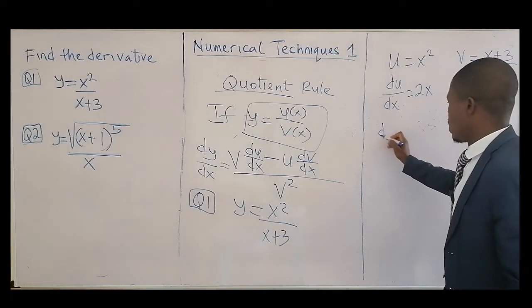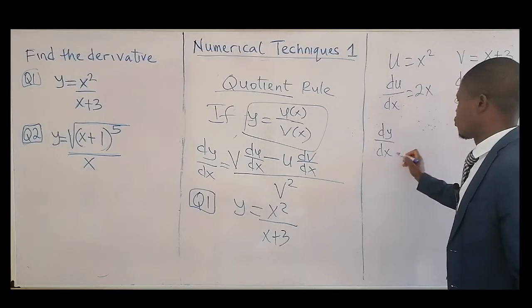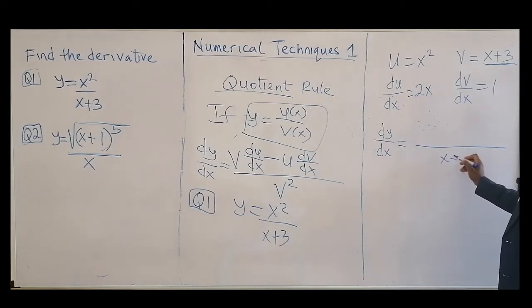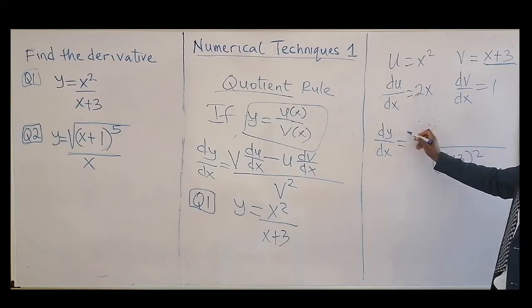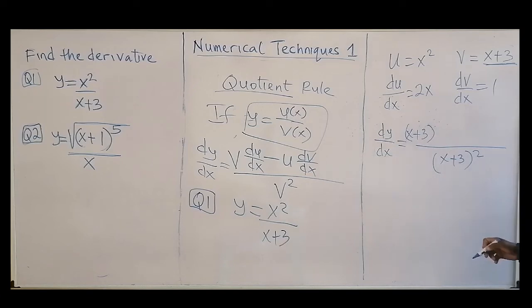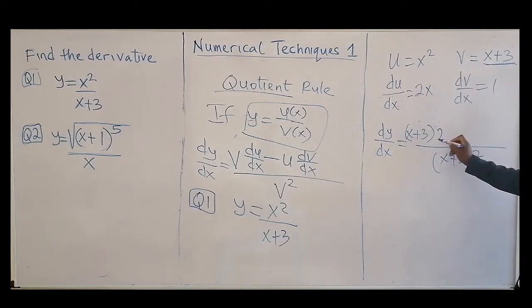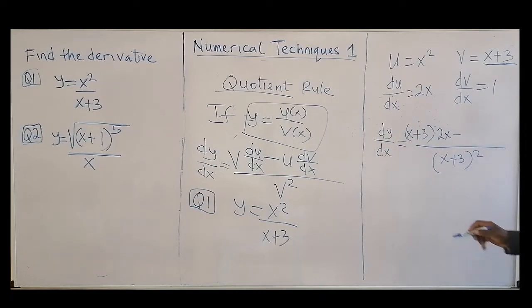So dy/dx will now be equal to your denominator, x plus 3, squared, times... v, which is your denominator x plus 3, times du/dx, which is 2x, then minus the numerator u, which is x squared, times dv/dx, which is 1.